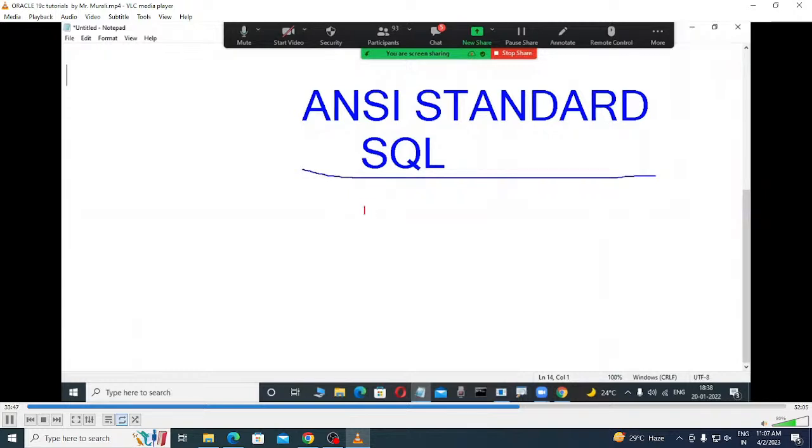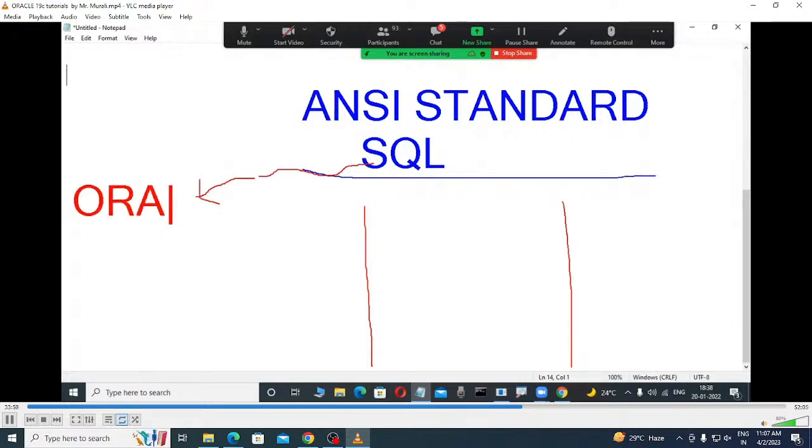But unfortunately, from this ANSI standard SQL, Oracle Corporation created their own SQL, which is called Oracle SQL. That is important, and many people don't know it.